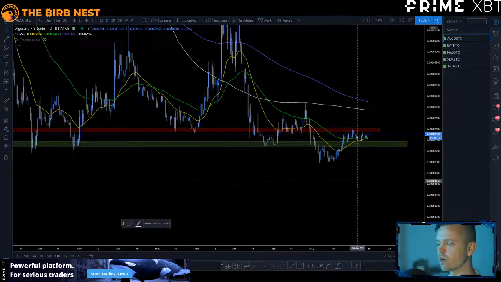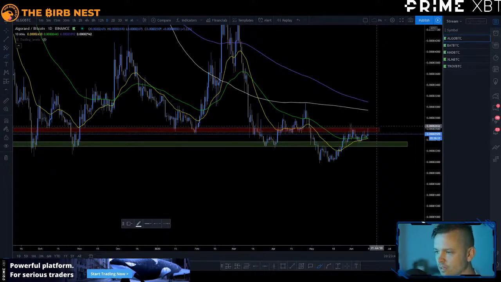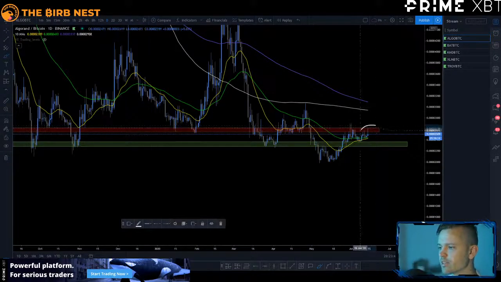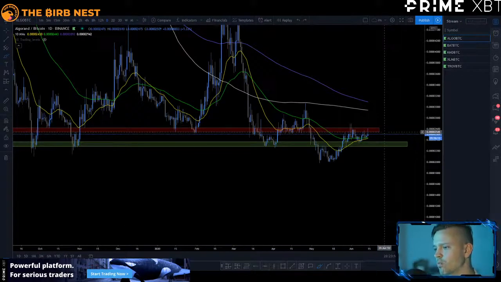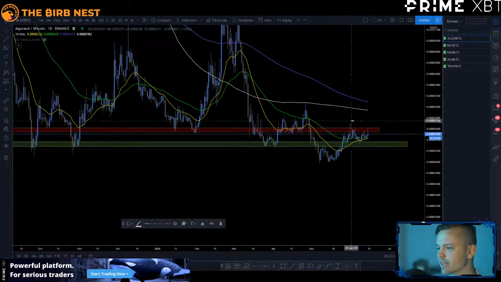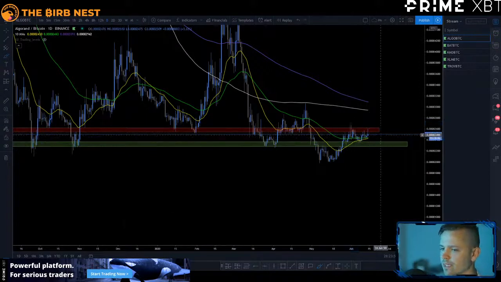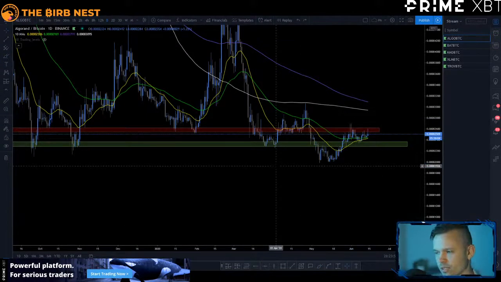So obviously, the obvious trade on this one is to wait for this area to break to the upside, wait for a daily open and close above to not get faked out like you got here. And that's the patient trader in me talking, right? The trade I'm in right now is not really the patient trader trading.